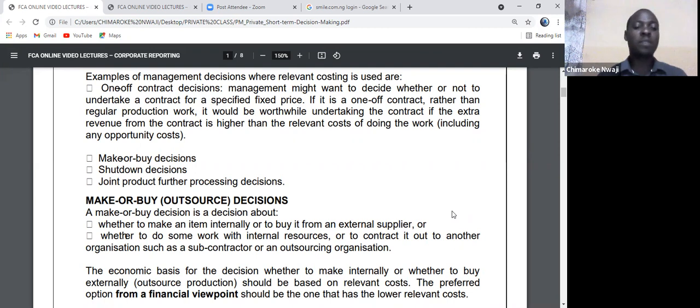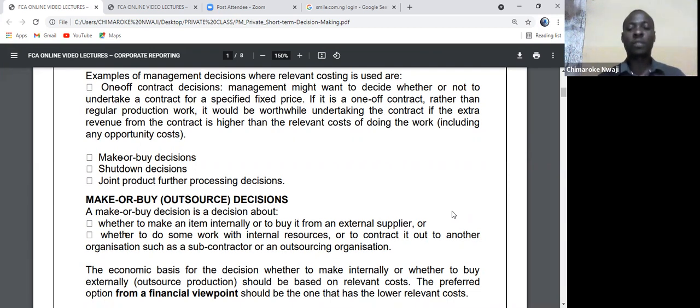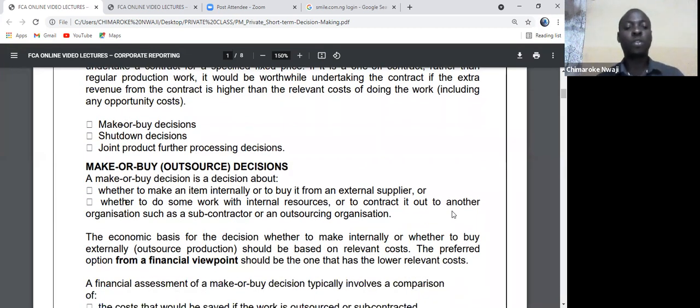The economic basis for the decision whether to make internally or to buy externally, which is outsourced production, should be based on relevant costs. The preferred option from a financial point of view should be the one that lowers the relevant cost. So when you are making a make or buy decision, the first consideration is the financial consideration.